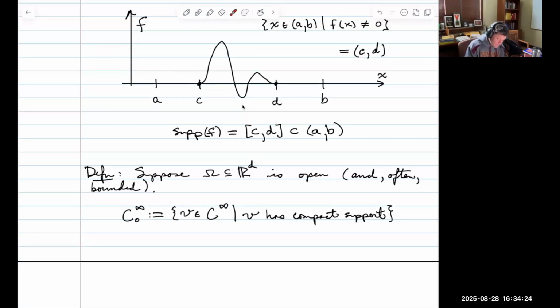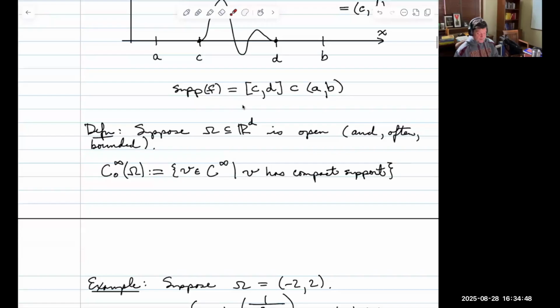Then, slight mistake here. I forgot to include the omega. Okay, so I'm defining C0 infinity omega. That's the set of all functions that are C infinity and they have compact support. Okay, so maybe it's not surprising to you that such functions exist.